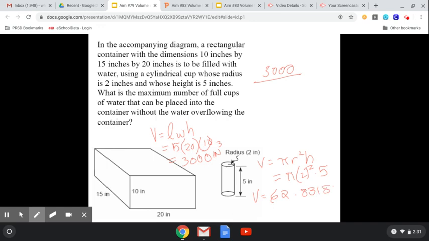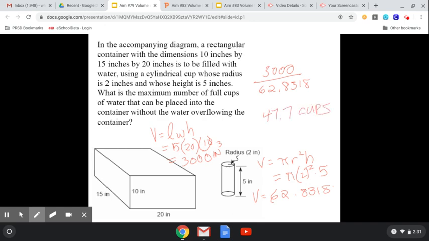62.8318. Okay, so I'm going to divide them by 62.8318. Okay, and when I do, I end up with 47.7 cups.